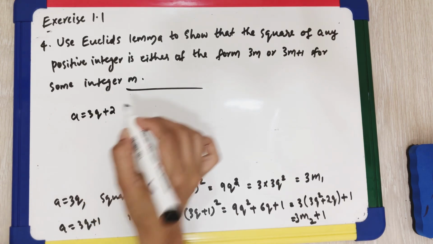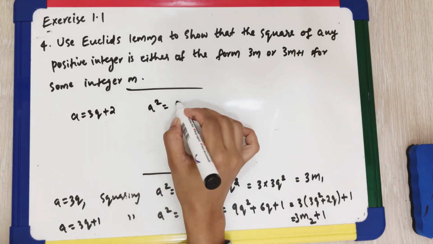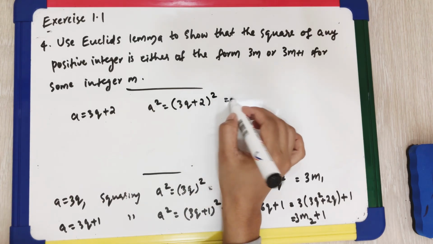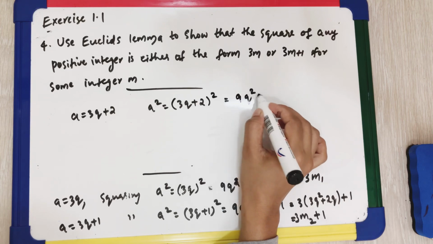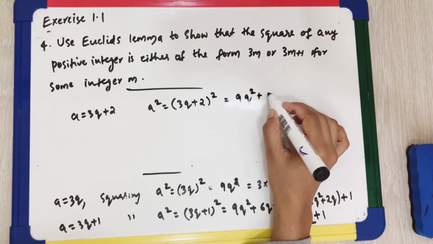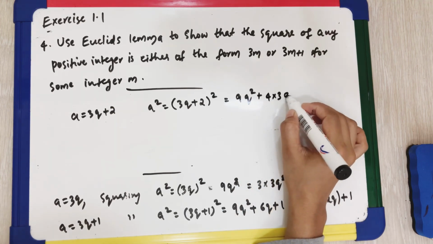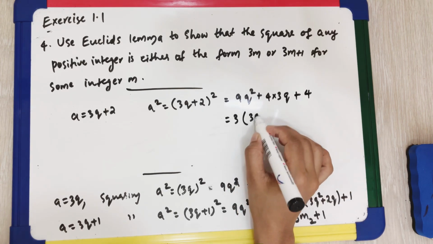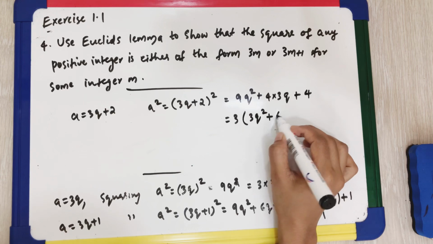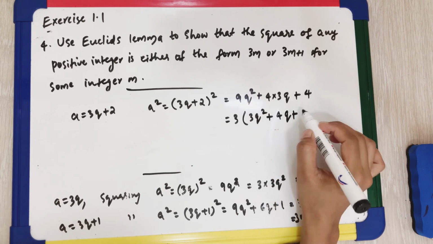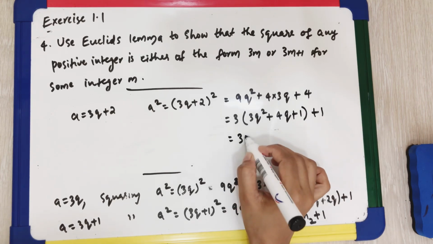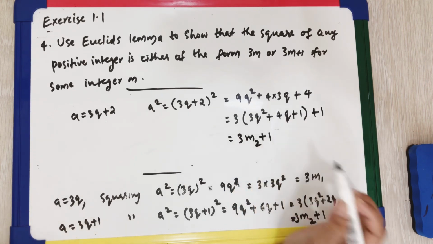Squaring, we get a square is equal to 3q plus 2 the whole square, equal to 9q square plus 12q plus 4, which is equal to 3 into 3q square plus 4q plus 1 plus 1. That is some 3m3 plus 1.